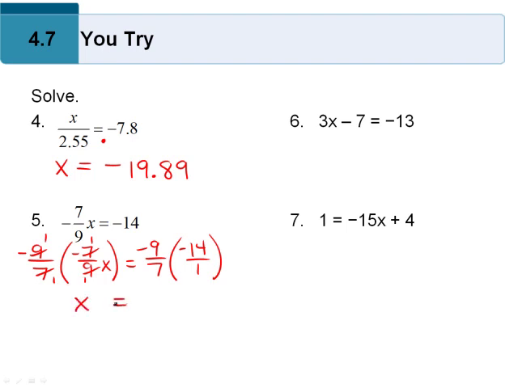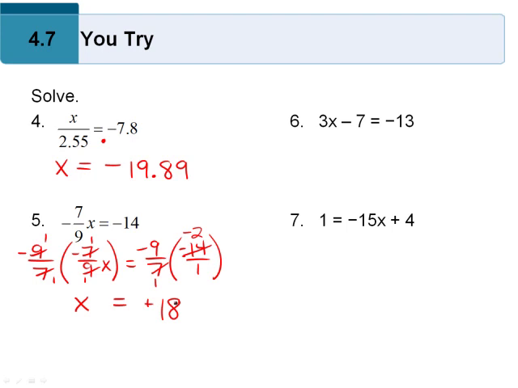That's the idea. And on the right hand side, a negative times a negative is a positive. And if you look, 7 and 14, you can cancel that by 7. 7 will go into 7 once, and 7 goes into 14 2 times. So negative 9 times negative 2 would be positive 18. And the ones on the bottom you can just ignore.